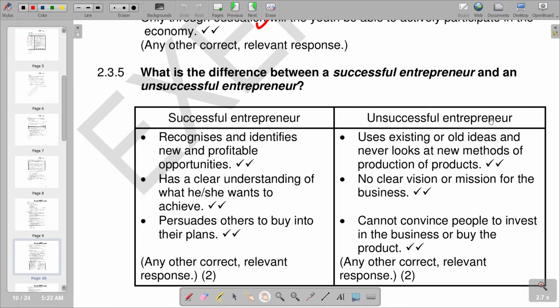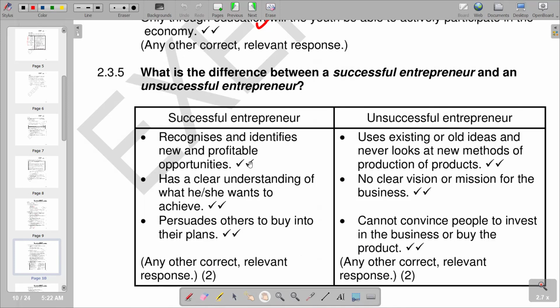Then an unsuccessful entrepreneur uses existing or old ideas and never looks at new methods or production methods. So that's the first difference. And the second difference is that a successful entrepreneur has a clear understanding of what he or she wants to achieve. And then an unsuccessful entrepreneur has no clear vision or mission for the business. So these are the differences that we have.